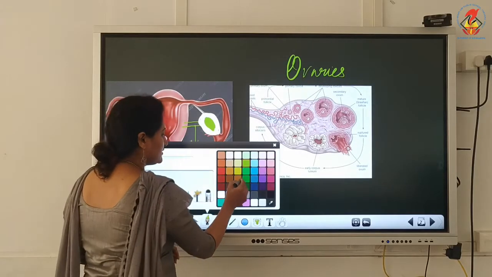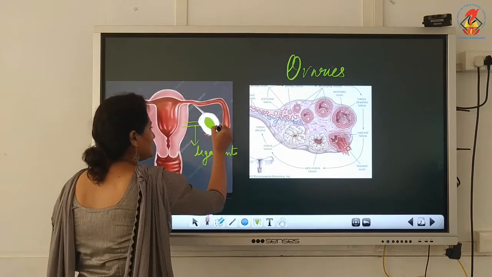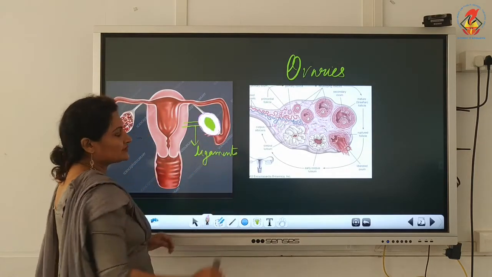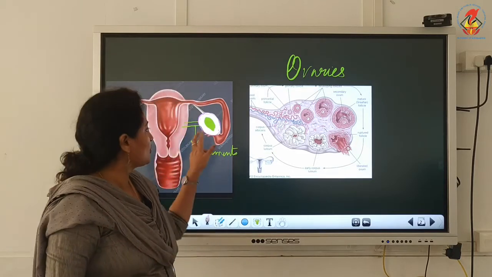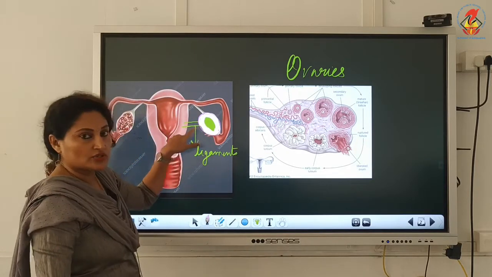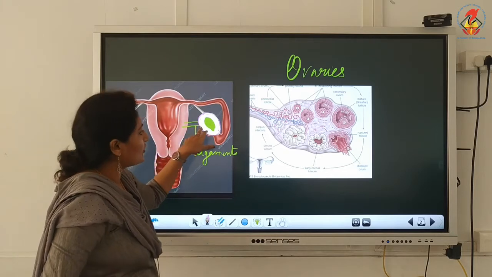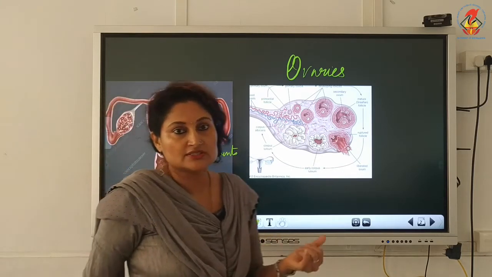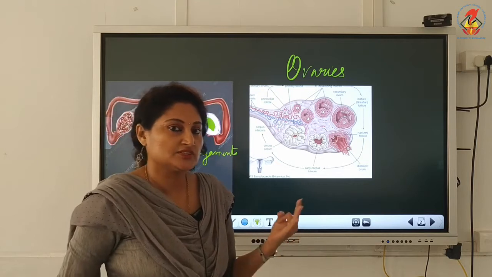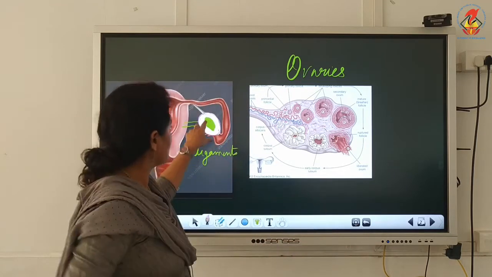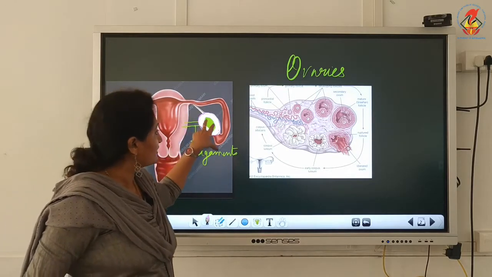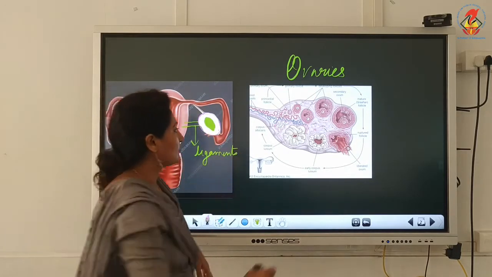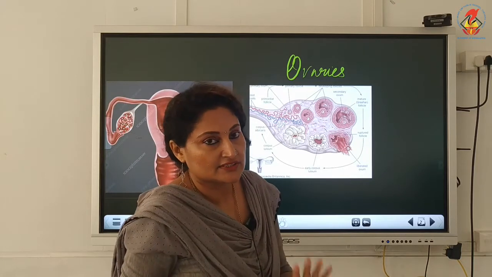And don't forget, it is covered by the germinal epithelium. Now in the inner medulla, what we see is blood vessels, nerve fibers, and smooth muscle fibers. And in the outer cortex we see the ovarian follicles at various stages of development.